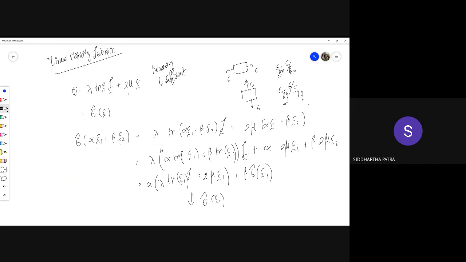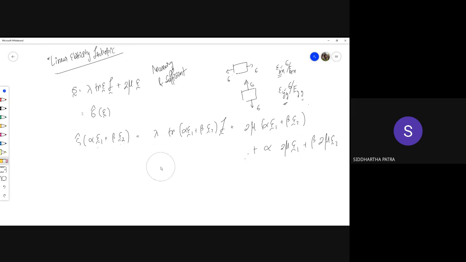So when you can write a functional form like this, that is, if f of alpha x plus beta y is essentially alpha times f of x plus beta times f of y, that is the ultimate proof of linearity. Okay, here we can do that. Hence, this relationship is linear.